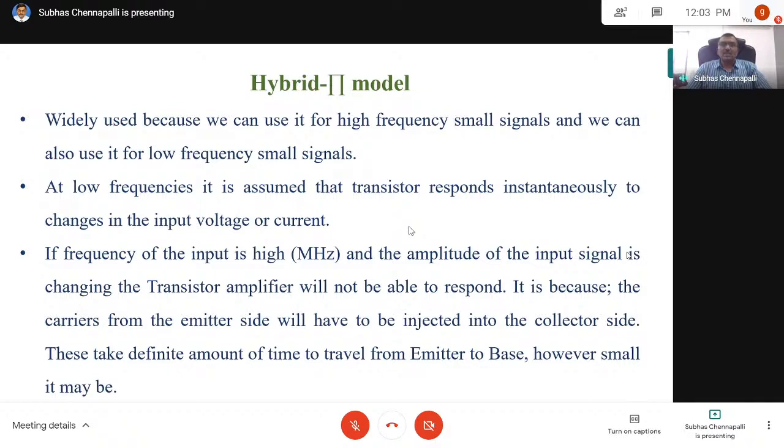For low frequency analysis, we don't show the capacitances in the model, but for high frequency you have to bring them in, if the frequency of the input is high. At low frequencies, assume the transistor response. It's a bit of the working of a semiconductor being explained here, but take it in a local fashion. So for the low frequency model, you open the capacitances.